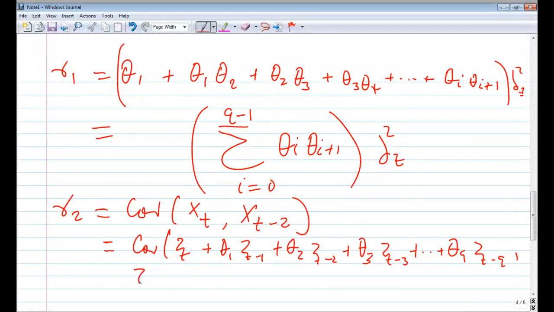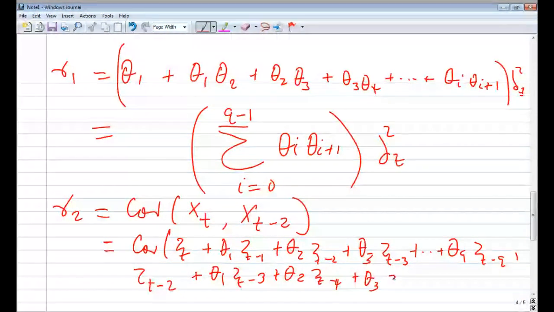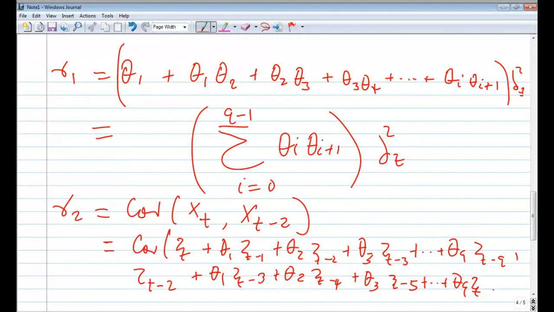It is Zt minus 2 plus theta 1 Zt minus 3 plus theta 2 Zt minus 4 plus theta 3 Zt minus 5 plus theta q Zt minus q minus 2. Then you close the brackets.